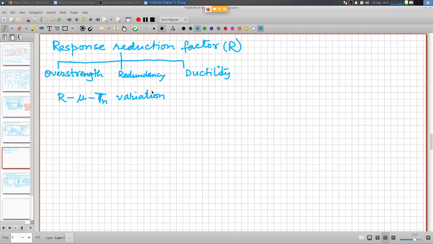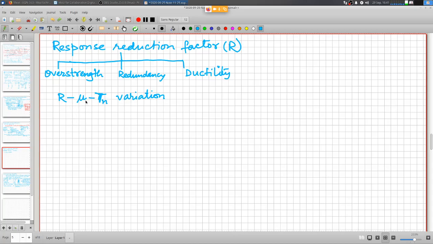So once you have this basic code of response spectrum computation ready, then you will need to work out the nonlinear response spectrum, and then figure out the ratio between the elastic response spectrum and the inelastic response spectrum that you will compute for a specified ductility, and then figure out the relationship between R mu T.